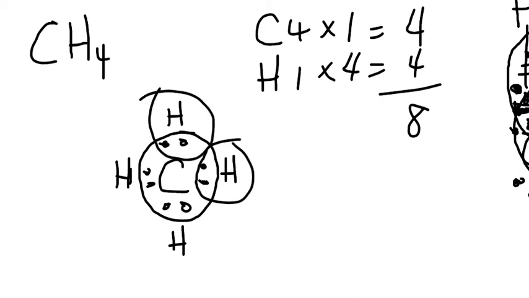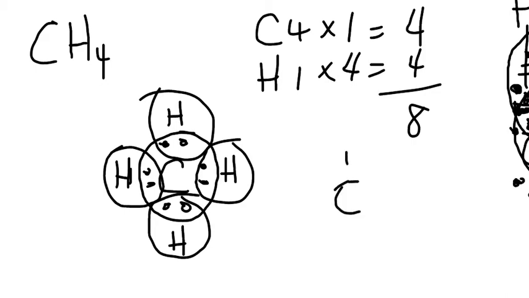Checking for happiness, making sure everyone has enough electrons, and they do. If I wanted to draw this more simply, I could just replace all those dots with dashes, and this is a very easy molecule to draw.